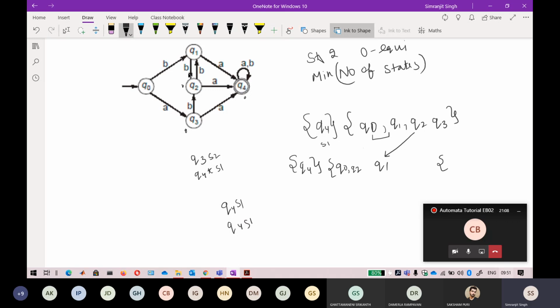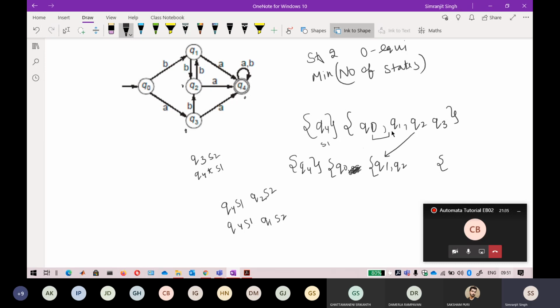After that, Q1 on B is going towards Q2, and Q2 on B is going towards Q1. So this also belongs to the same set. It means Q1 and Q2 can be placed together. You do not need to check Q2 with the other one. It will automatically not be equivalent.